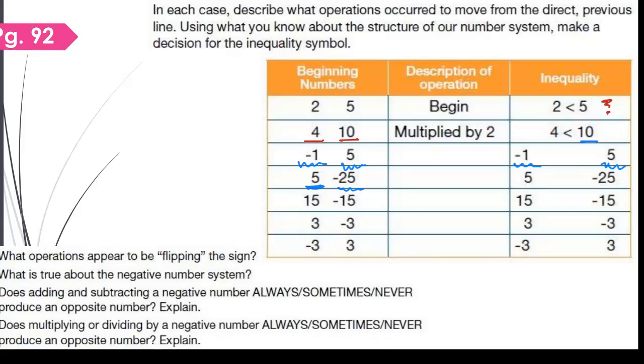So let's make sure everybody understands what's going on. When we were in row 3, and we went from 4 to negative 1 and 10 to 5, what did we do to those numbers to get our new set of numbers? We went from 4 to negative 1 and 10 to 5.